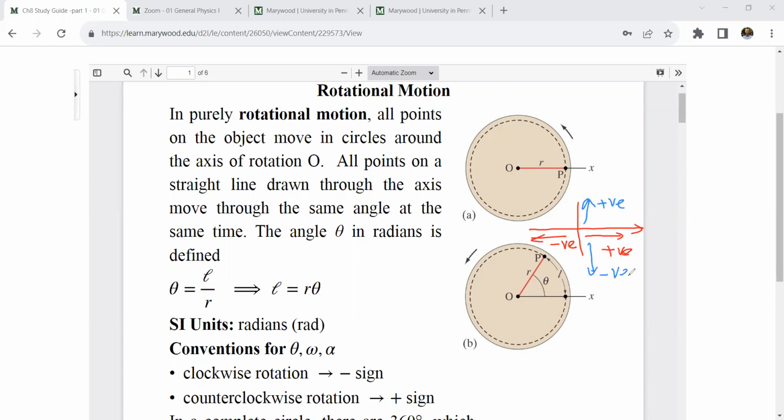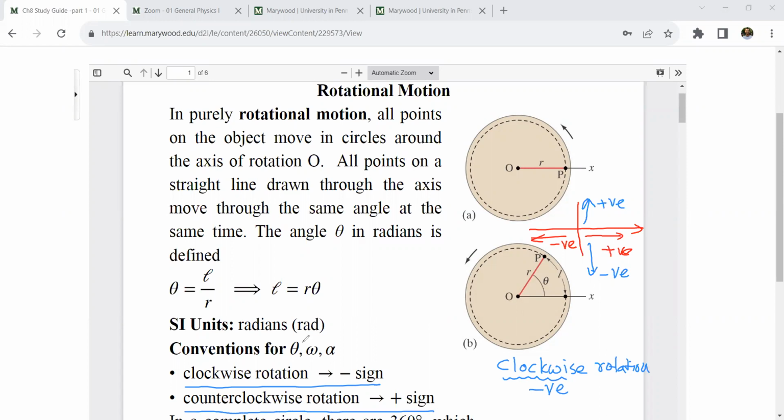Similar to that, when you talk about angular quantities, our convention is that for clockwise rotation we use a negative sign. So remember that clockwise means negative sign, and counterclockwise is positive sign.